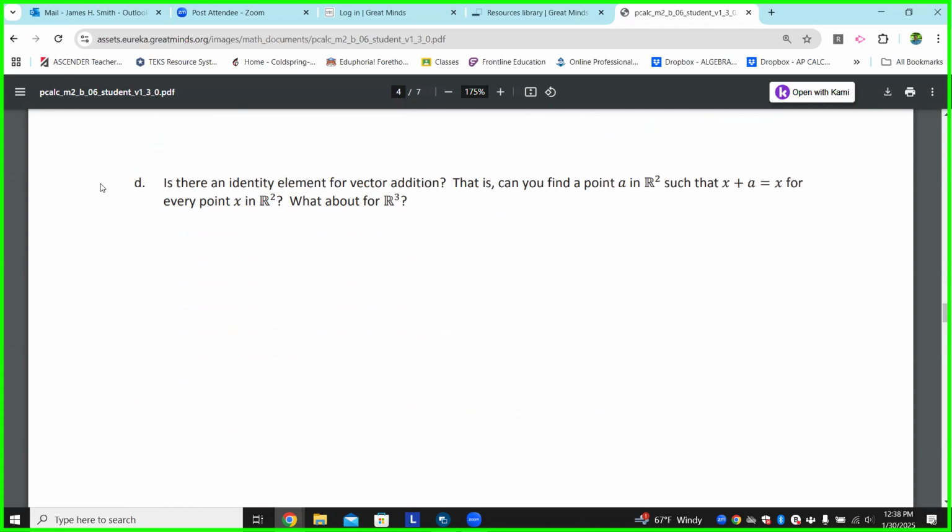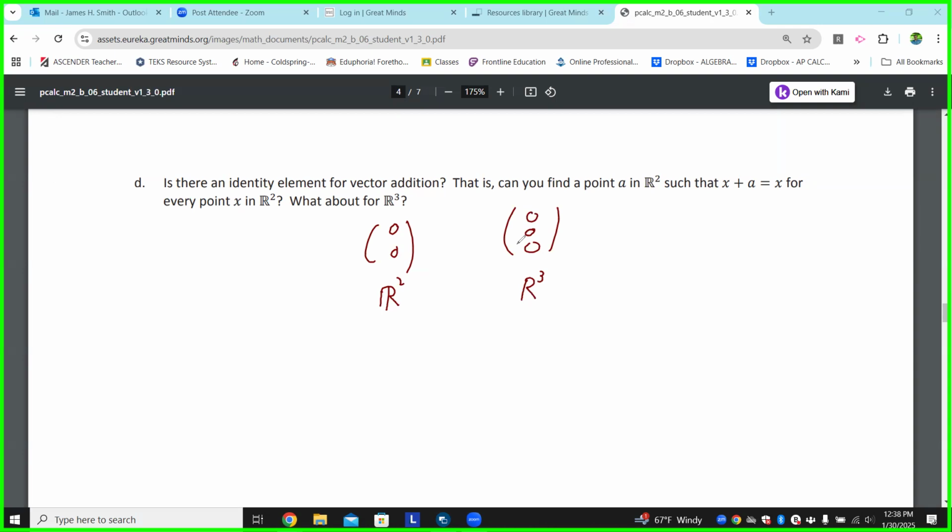Give it to me. How would you write that as a vector if it's the origin? Very good. What would it be for a three-dimensional plane? Very good. Questions on that?